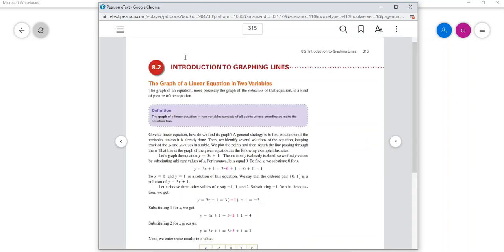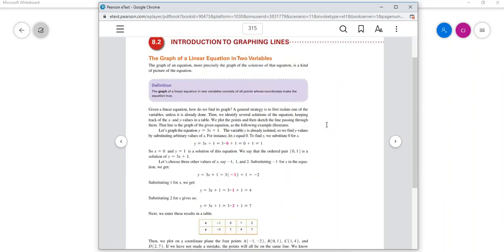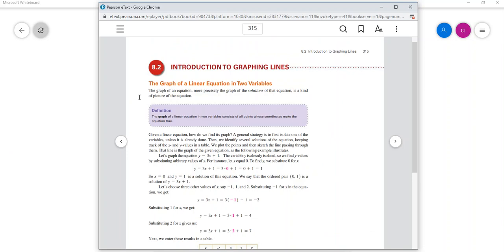In this book, 8.2, Introduction to Graphing Lines. This is not graphing what we just talked about in 8.1 with single variable equations. The one thing I want you to notice right away is that it says a graph of a linear equation in two variables. Okay, in two variables.